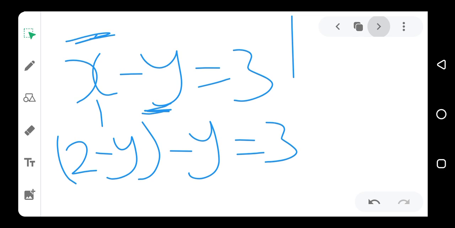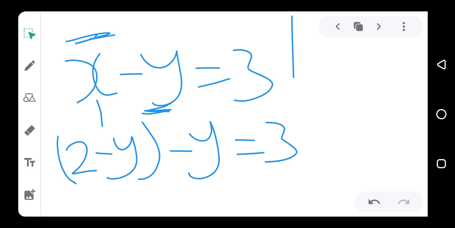Solving further means to simplify this, which is we clear these brackets.